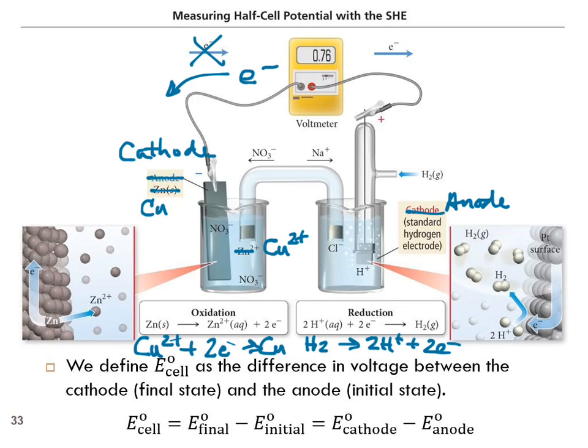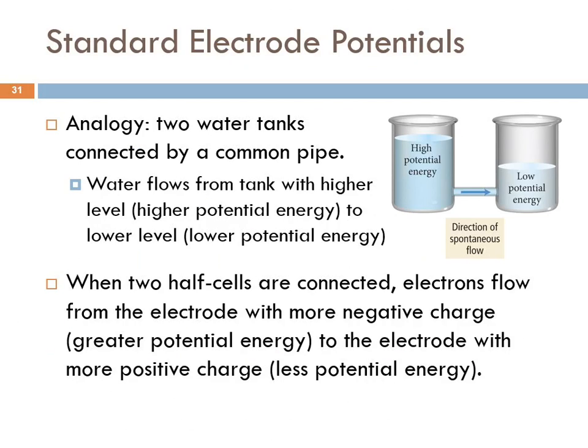If we look at our water tanks, and let's say we make this one the high and this one the low, which direction is the water going to go? It's going to go the other way, because it's always going to go from high to low. And so what the book is saying is, well, if this is higher and this is lower, then water will not go to the right.